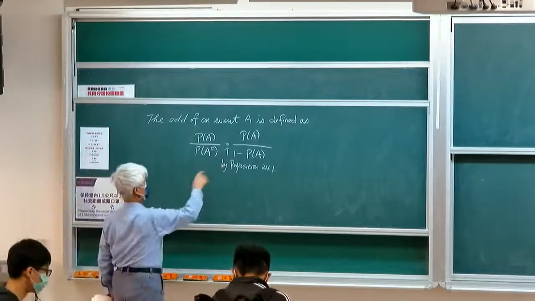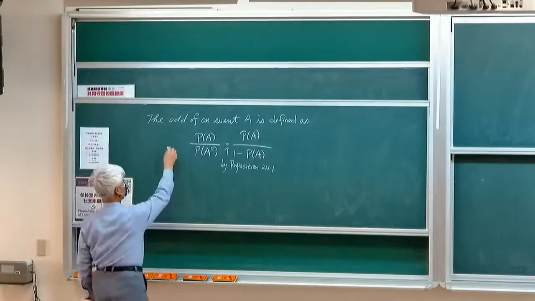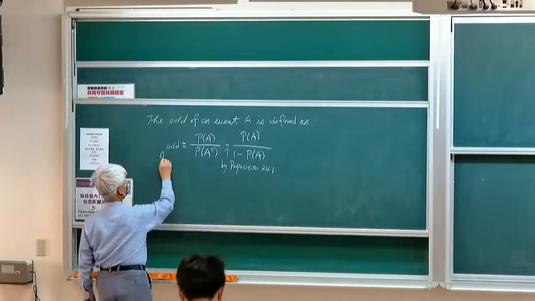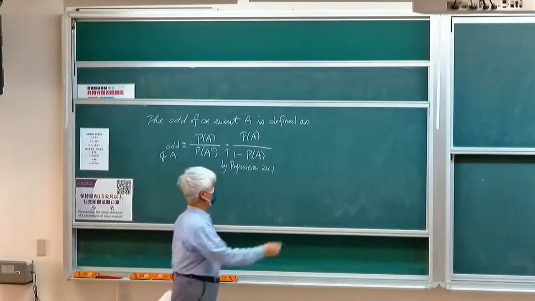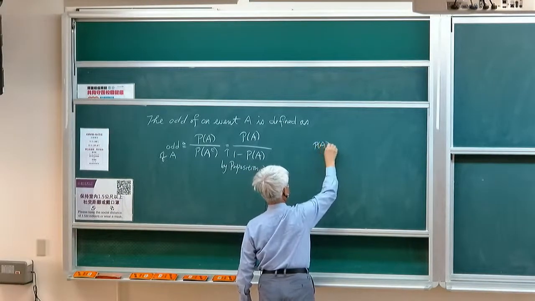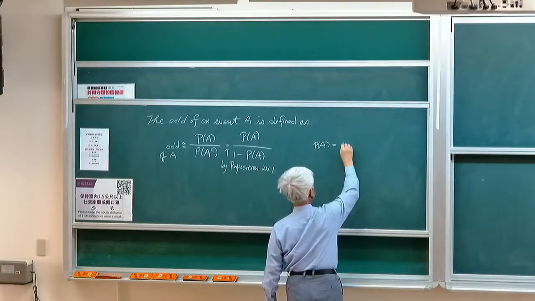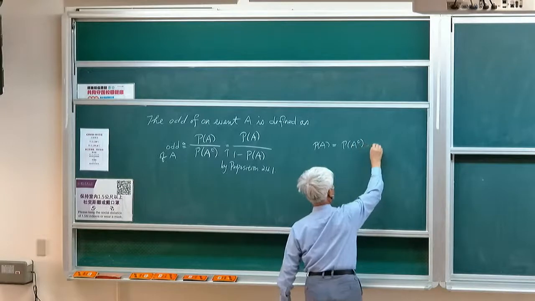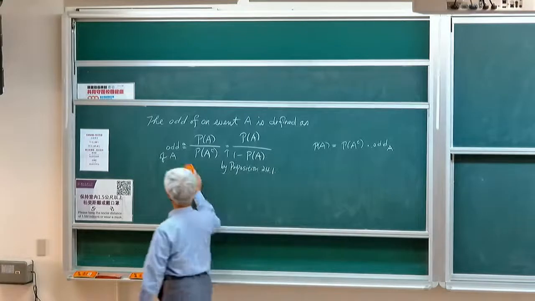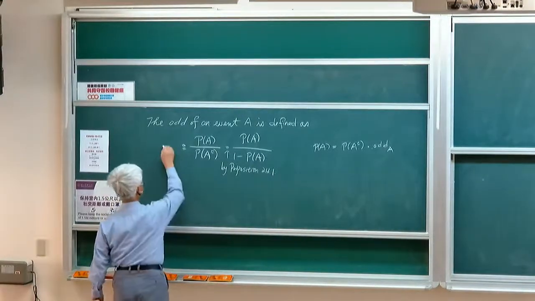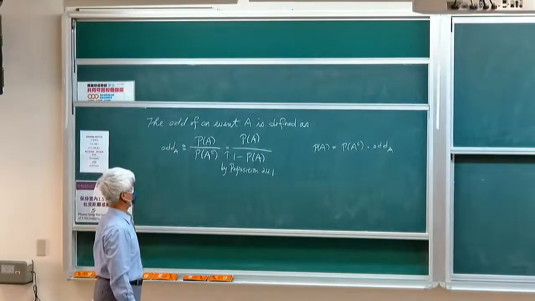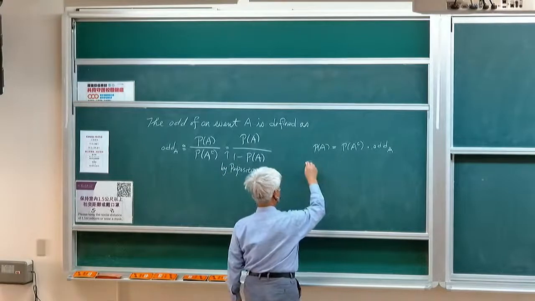So once we know the odds of A, we can say P(A) is equal to P(A complement) times the odds of A. Maybe I use odds(A).